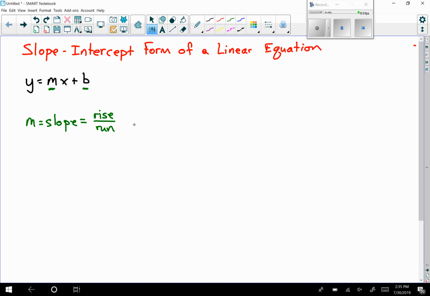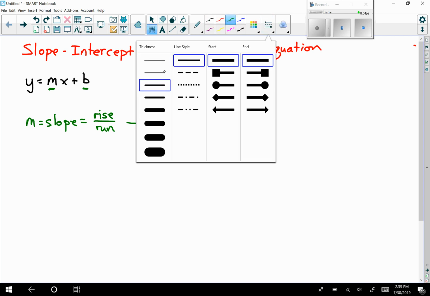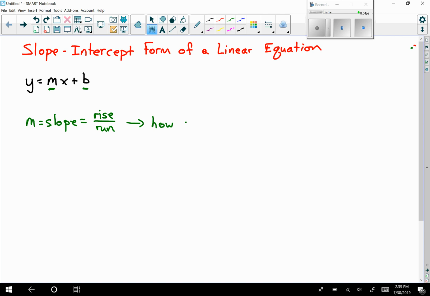So a slope overall just pretty much tells us how slanted a line is. It's always going to be in this fraction of rise over run. I'm going to have a separate lesson altogether discussing slope that you might want to take a look at before you look at this one.